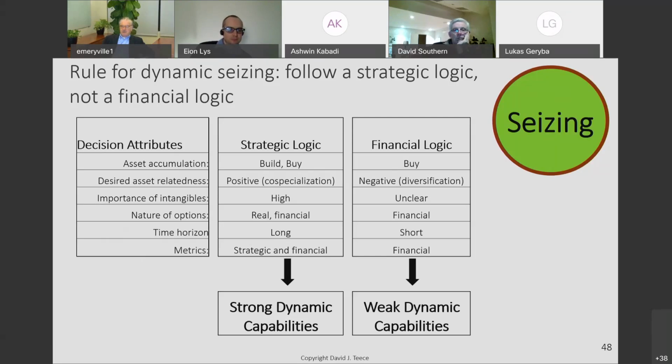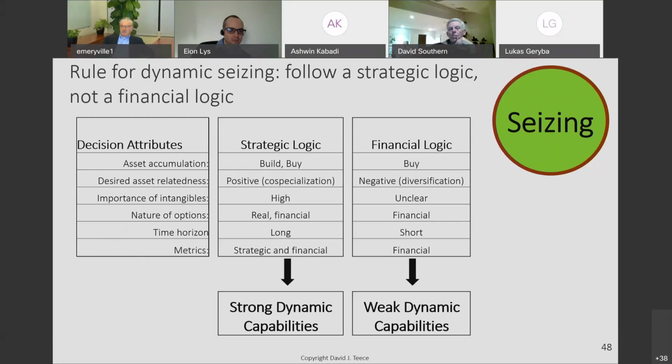It's an option that you create for yourself. It's not an option that's there that you can buy. You've actually got to create the options and create choices for yourself. Don't get locked in. Give yourself many outs and ins. And the time horizons, of course, are long versus short, and the metrics are strategic versus financial.